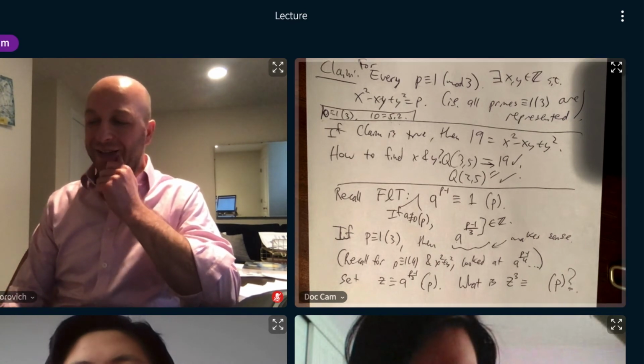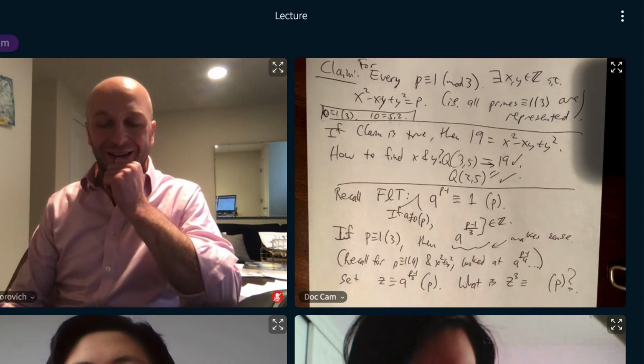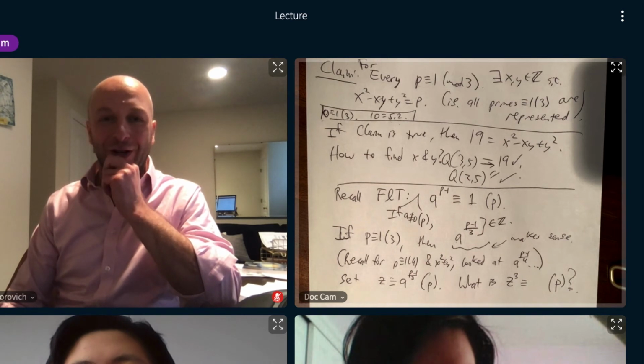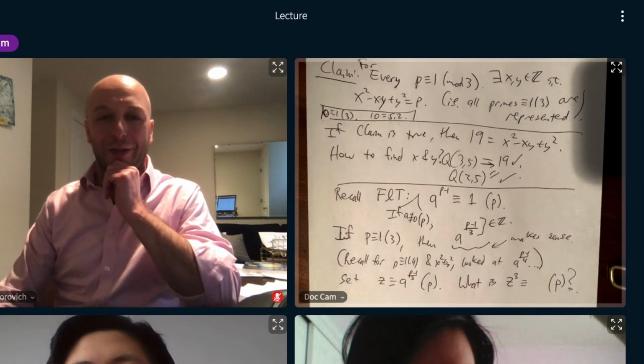Karen, good guess. You're very close. We want the multiplicative identity, not the additive identity.